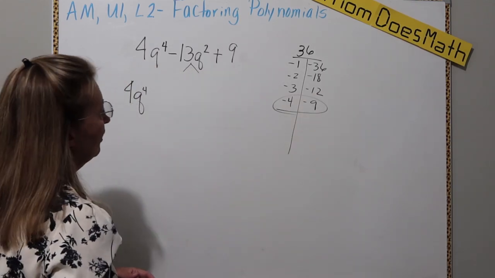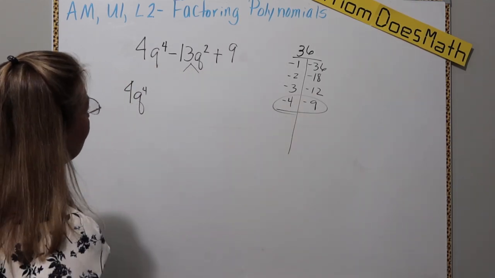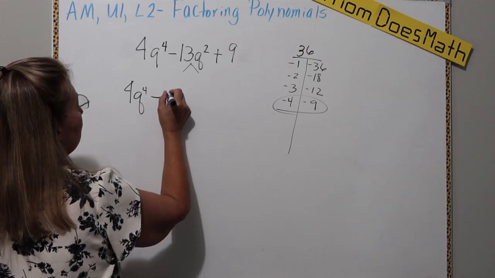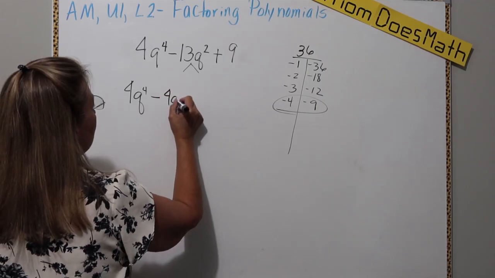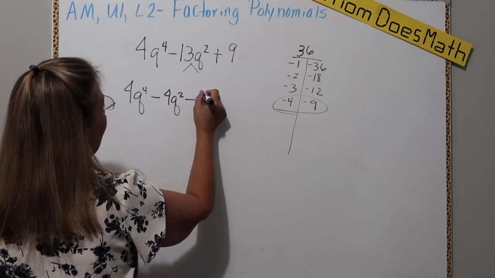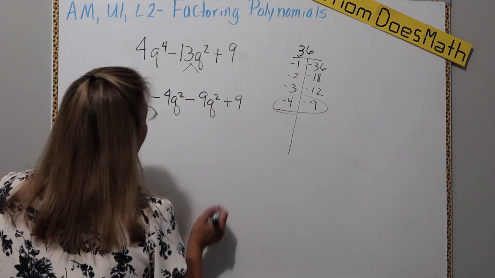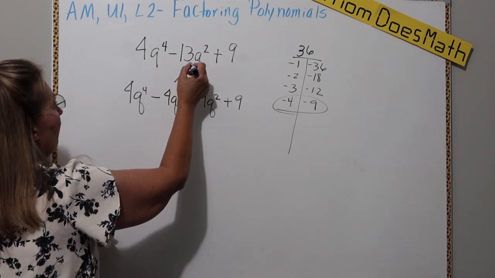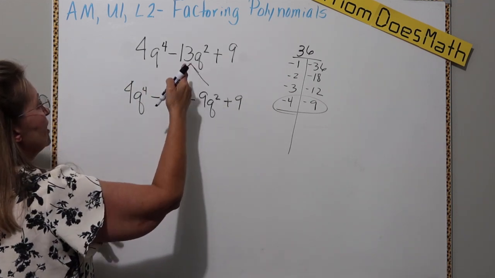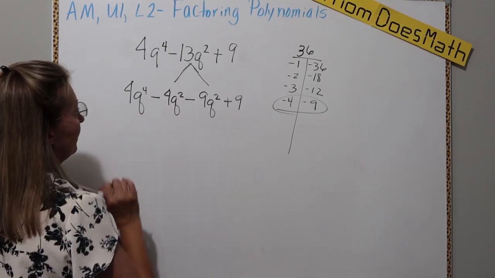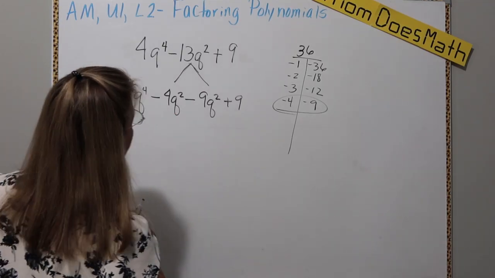And there's a winner right there, negative 4 plus negative 9. So, since this is a q squared, I'm going to put minus 4q to the second minus 9q to the second plus 9. And look at it carefully. All I did is rewrite negative 13q squared as negative 4q squared minus 9q squared.